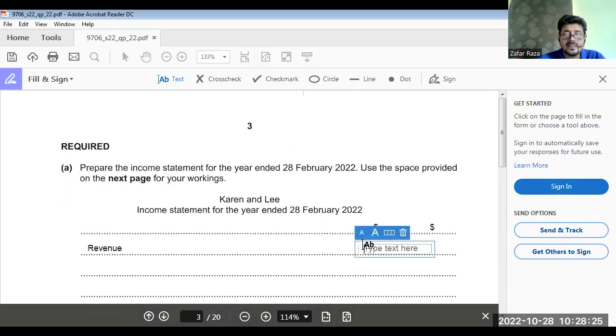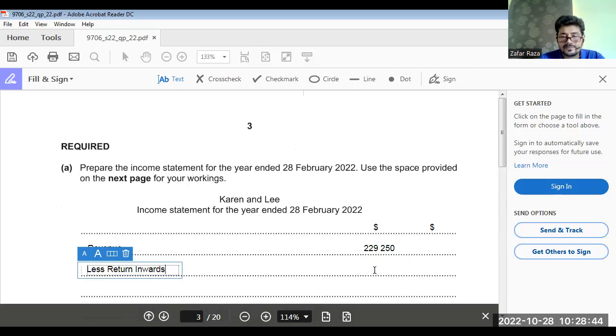So here we are, 229,250. Then we'll write less return inwards, the correct amount is 2,610. Oh, I forgot to put a bracket.